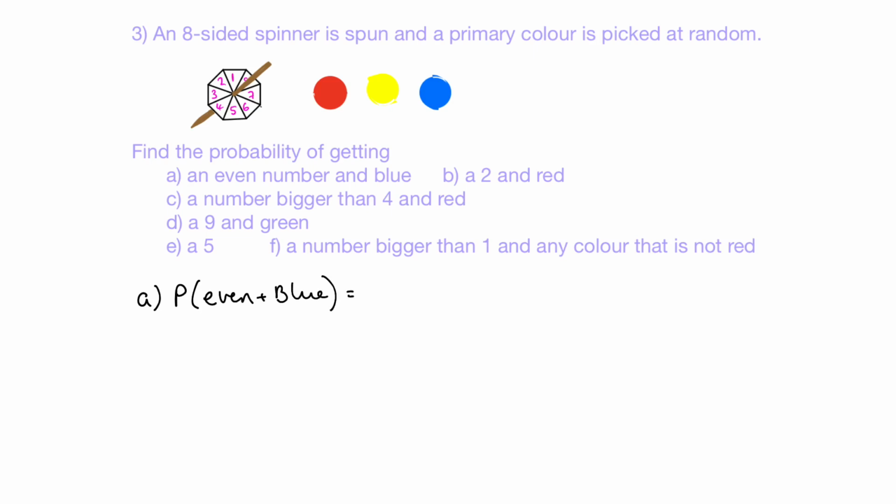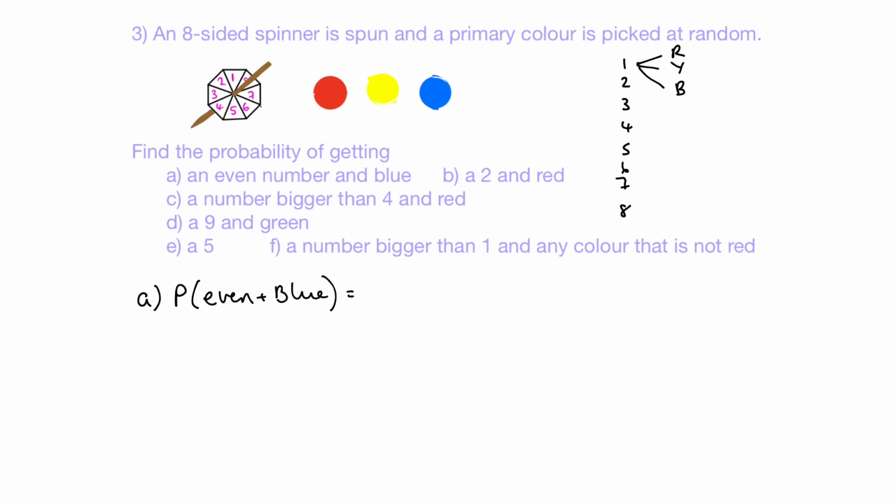Well, we need to work out how many different possibilities there are, don't we? So on the spinner, we've got 8 different possibilities. So we could get 1, 2, 3, 4, 5, 6, 7, or 8. And if we got a 1 on the spinner, we can get a red, a yellow, or a blue from our primary colours.